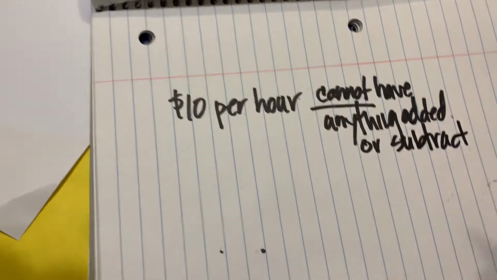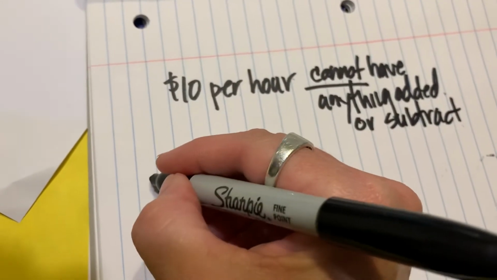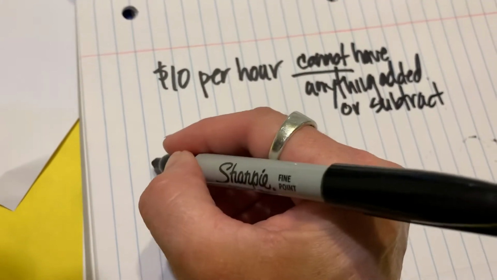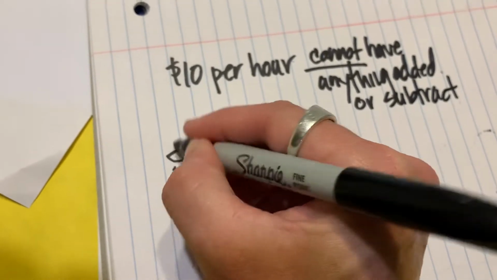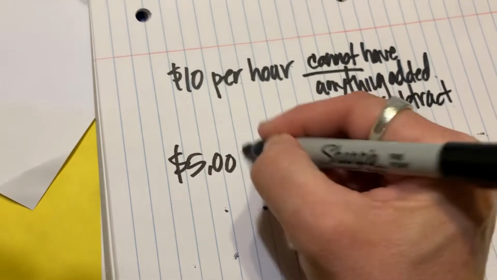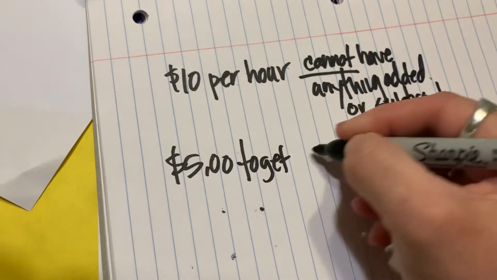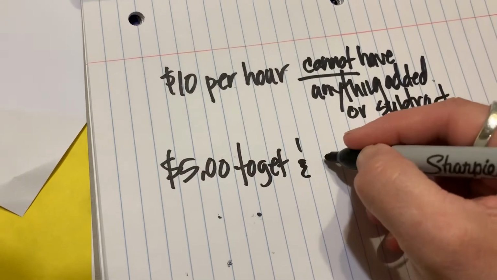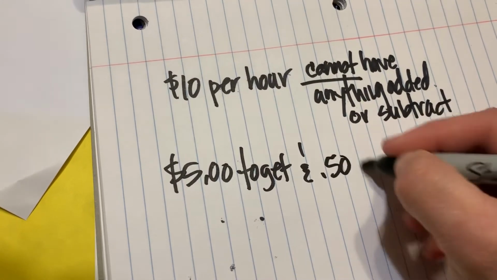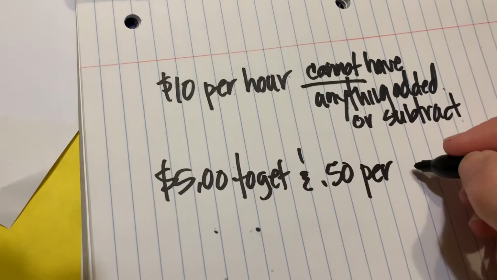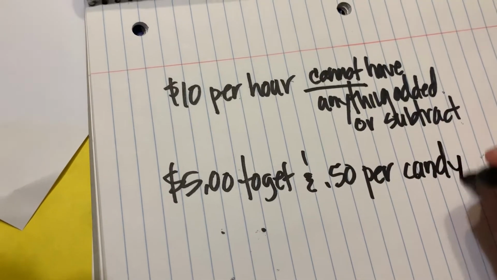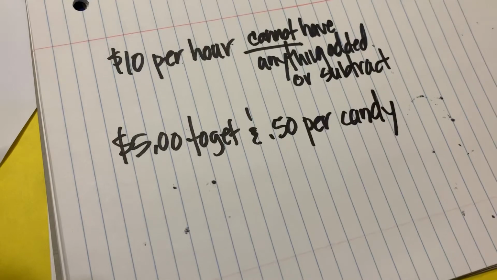So let me give you an example. Let's say you go to the movies, pay $5 to get in, and 50 cents per candy. Is that proportional or non-proportional?